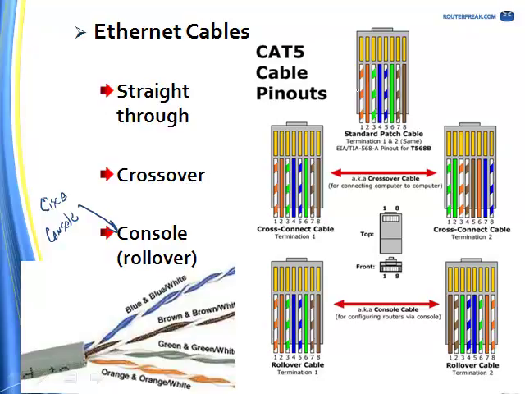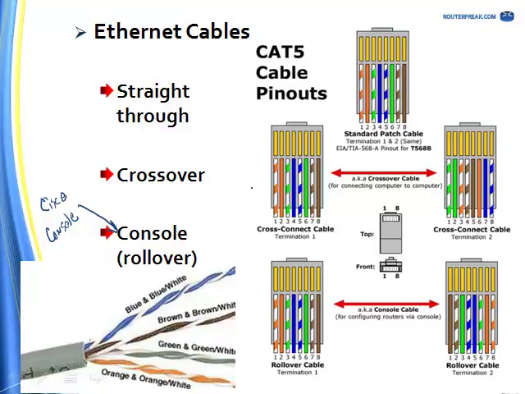So when we start talking about our pinouts, when we take our cable and trim the outside shielding back and expose the inner wires, you're going to have four pairs of wire: blue, brown, green, and orange. When you split those up, each of the wires will be inserted into the RJ45 in a certain order in order to create a type of cable.